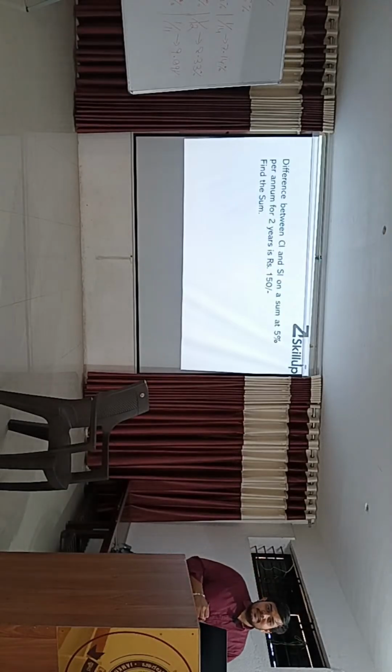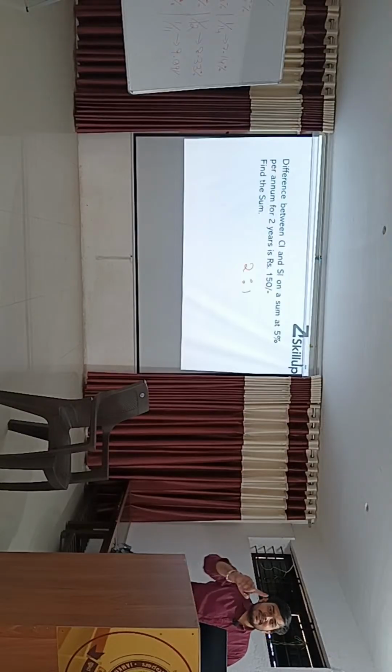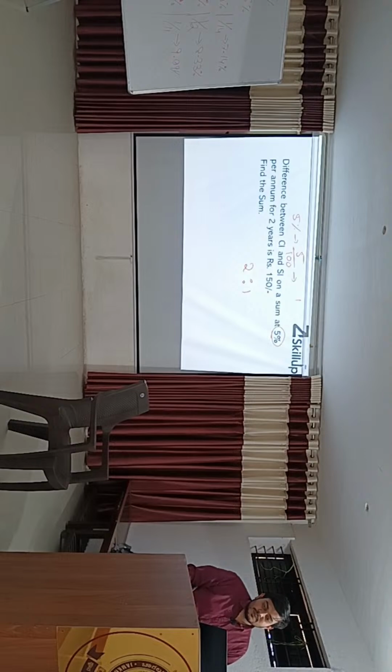Find the principal. 2 years, so 2 is to 1. 5% in terms of fraction. 5 by 100, what is that ratio? 1 by 20. Outside it will come 400.